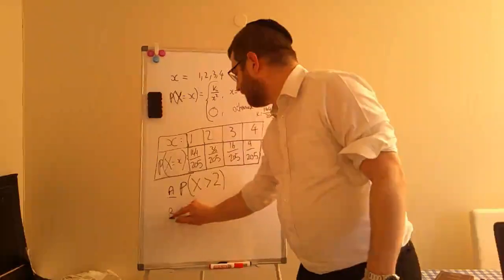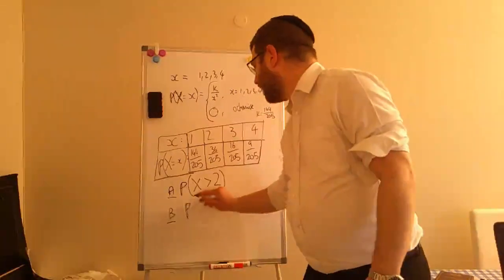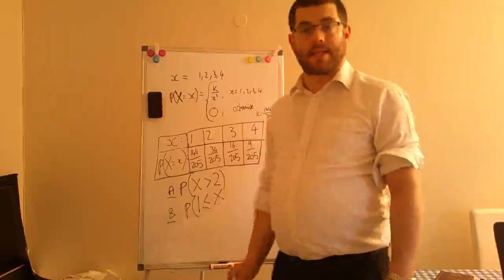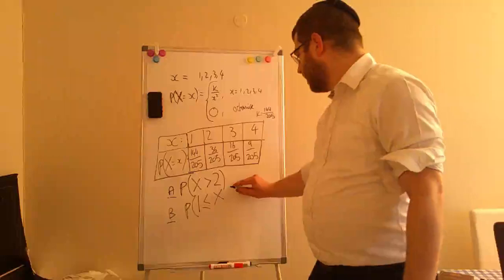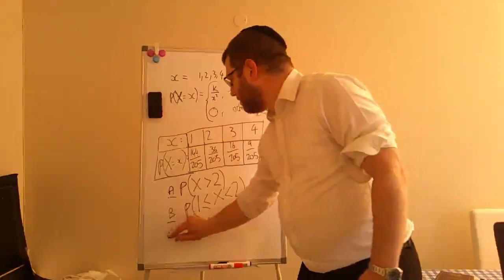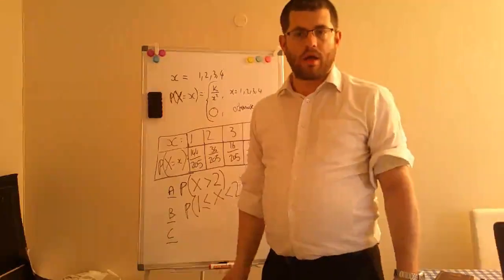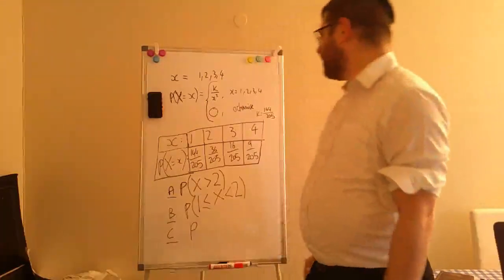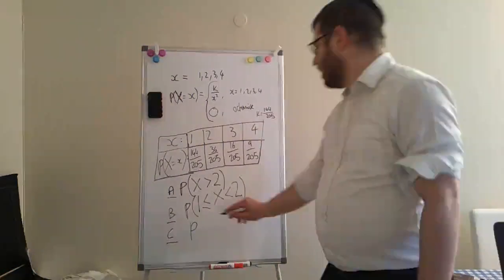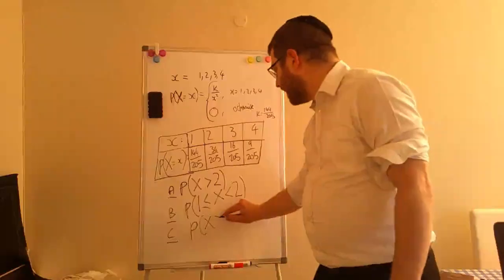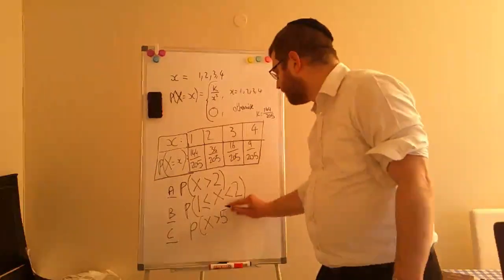Part B, I want you to work out the probability that 1 is less than or equal to x, strictly less than 2. Part C, I would like you to work out the probability that x is bigger than 5.